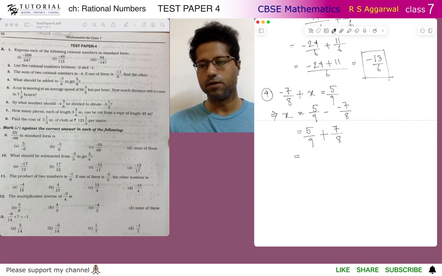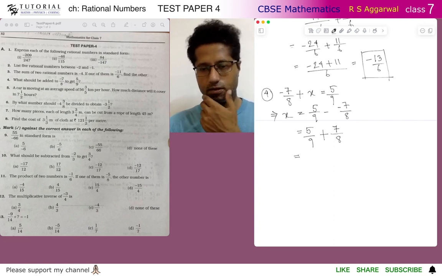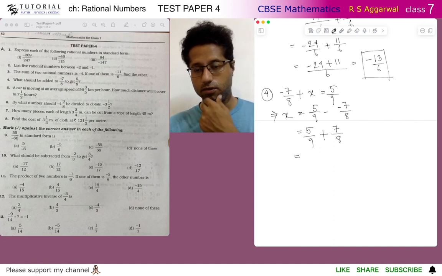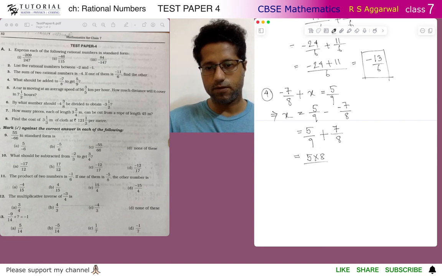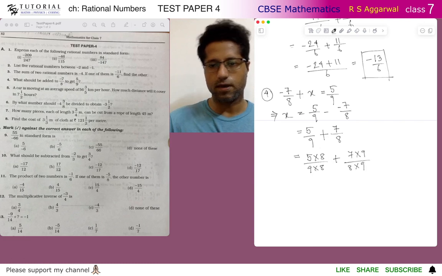They have different denominators. So first we will convert these two rational numbers to their equivalent form, so that they both have the same denominator, which will be the LCM of 9 and 8, which is 72. So 5 by 9 will become 5 into 8 divided by 9 into 8, and 7 by 8 will become 7 into 9 divided by 8 into 9.